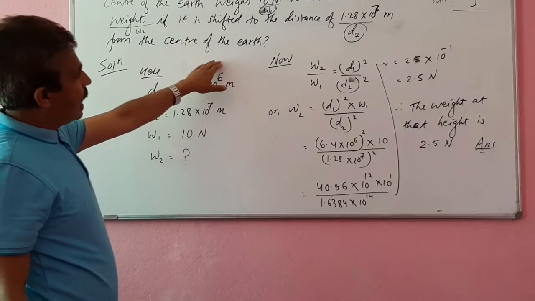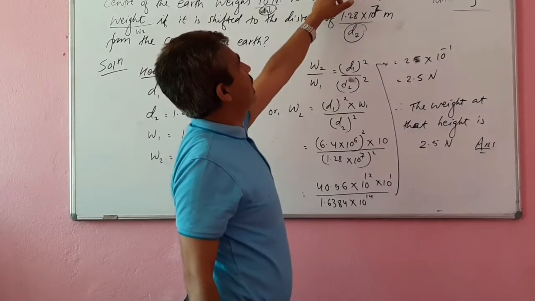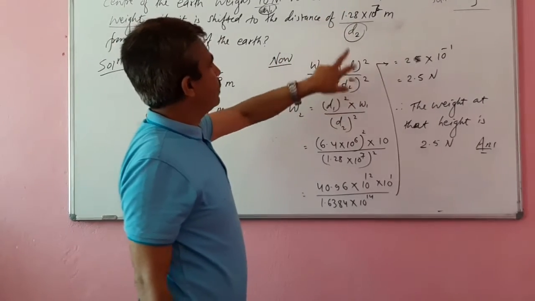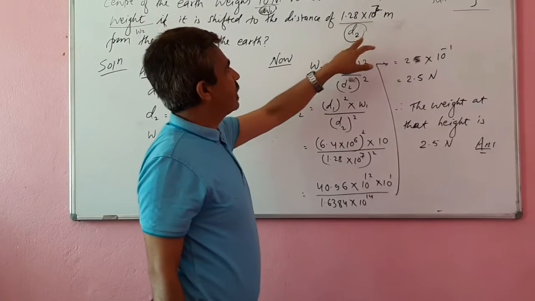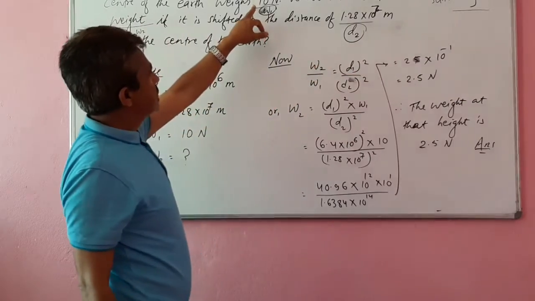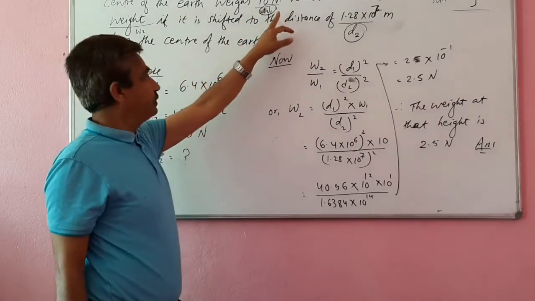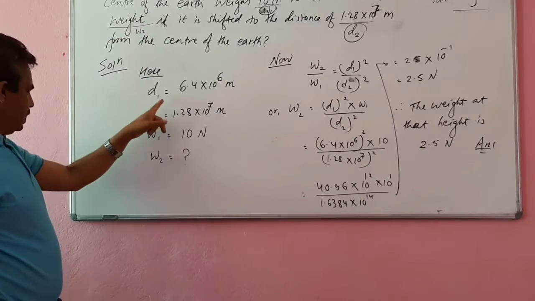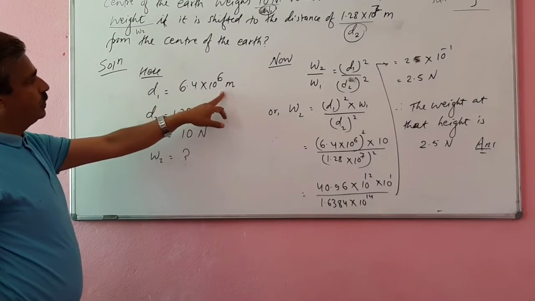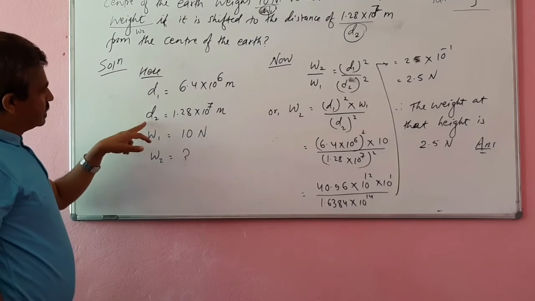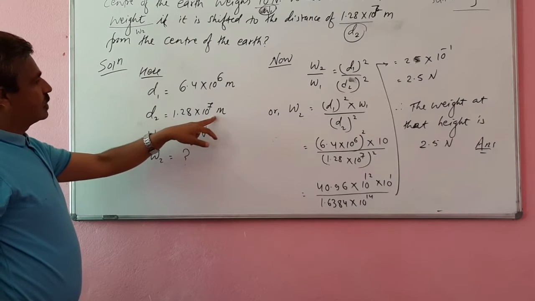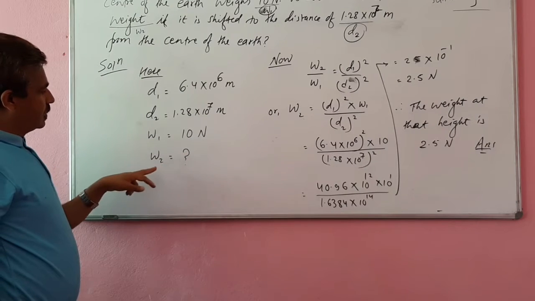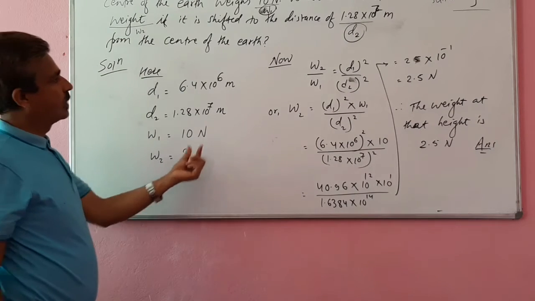I have marked 6.4 times 10 to the power 6 meter as D1, 1.28 times 10 to the power 7 meter as D2, 10 Newton as W1, and its weight means W2, to find out.